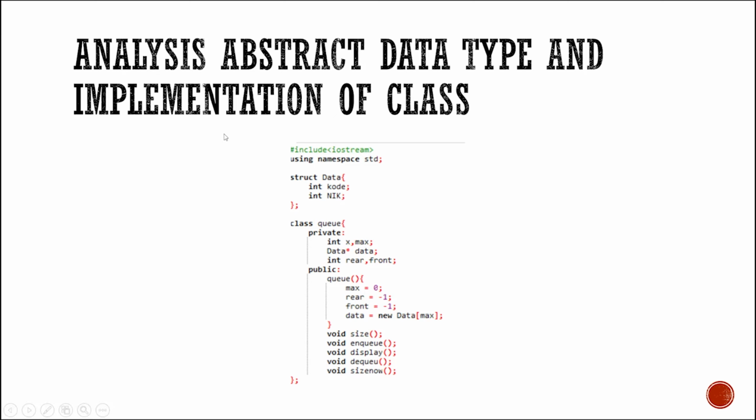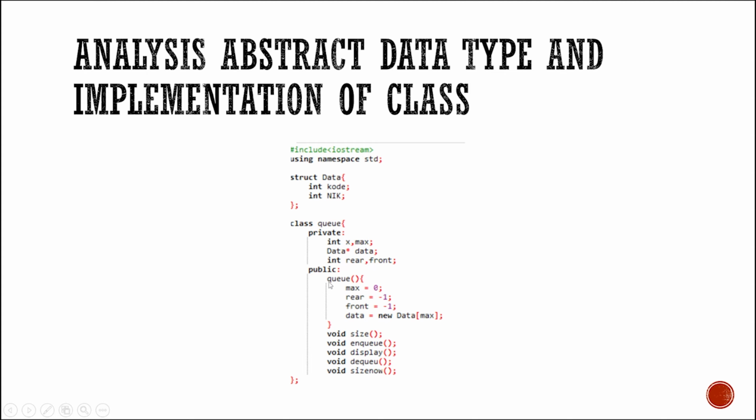And it is implementation in C++. We have struct data, integer code, integer nick. We have class q, private, integer x, max, data pointer data, it is main initialization, and we have integer rear and front.